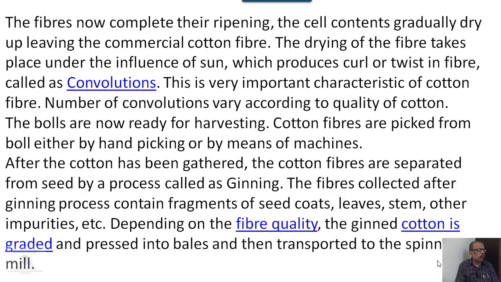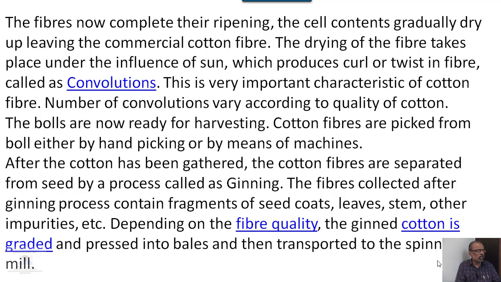In Indian conditions, usually when the seeds are supplied to the farmers, the varieties are grown in their names. Certain names are assigned to certain seeds or certain qualities of cotton. When they are sown, a particular set of properties these fibers will have when their complete growth is there.